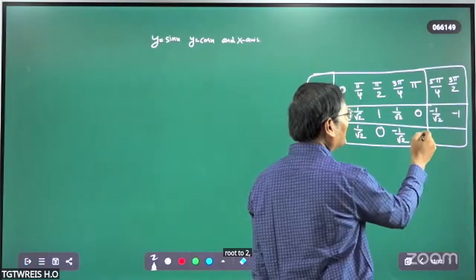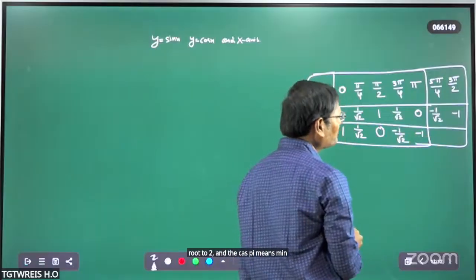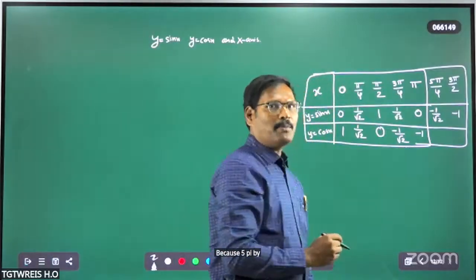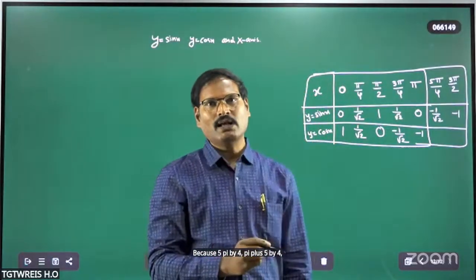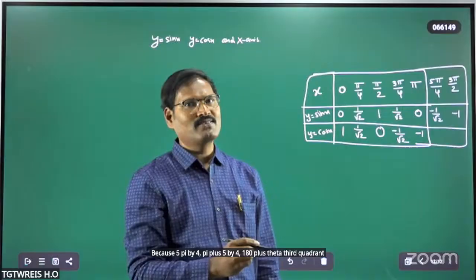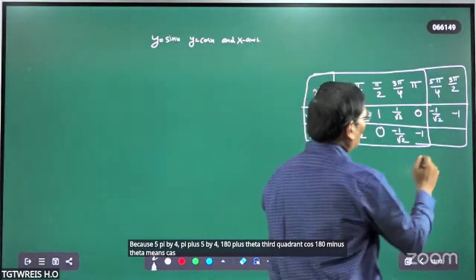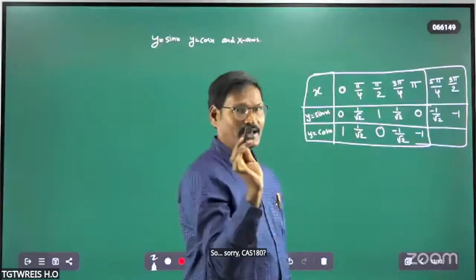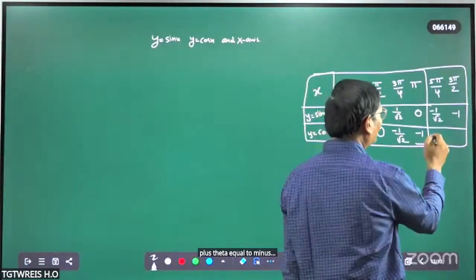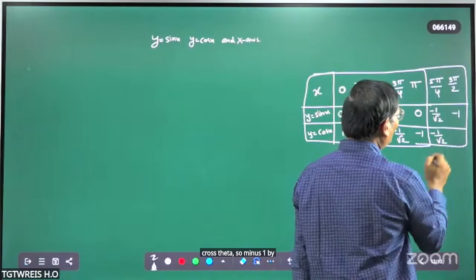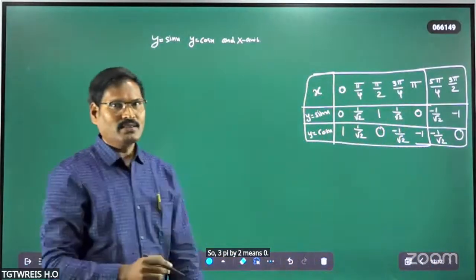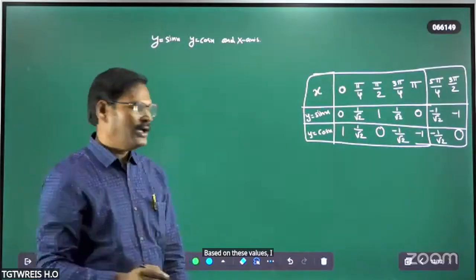And cos pi means minus 1. Cos 5 pi by 4, pi plus pi by 4, 180 plus theta, third quadrant. Sorry, cos of 180 plus theta is equal to minus cos theta. So minus 1 by root 2. And cos 3 pi by 2 means 0. Based on these values, I am going to draw the graph.